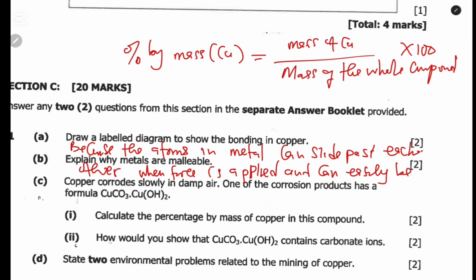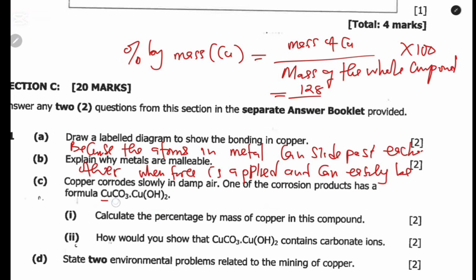Multiply by 100. In this case, for the mass of copper, as you can see, you have copper here and copper here. One copper is 64, so 64 times 2 gives 128. Then divide by the whole compound.